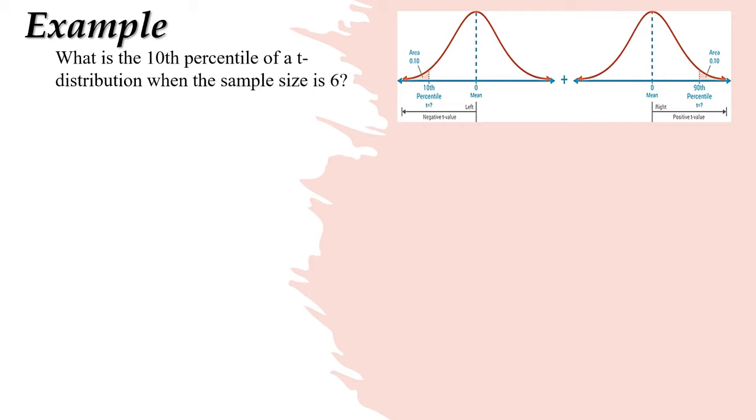The area to the left of the 10th percentile t-value is equal to the area to the right of the 90th percentile t-value. This means that the 10th percentile and the 90th percentile have the same t-value in the t-distribution table.